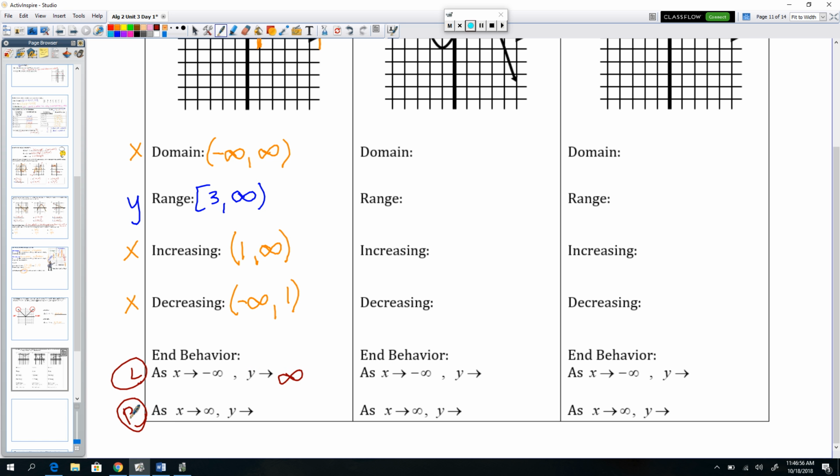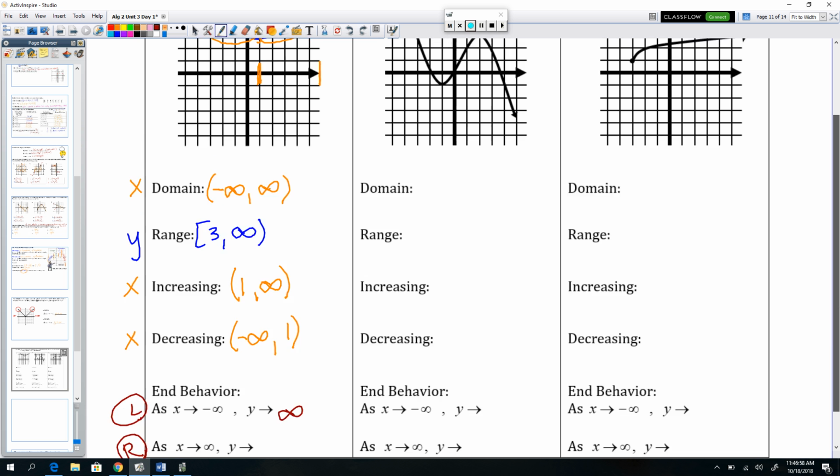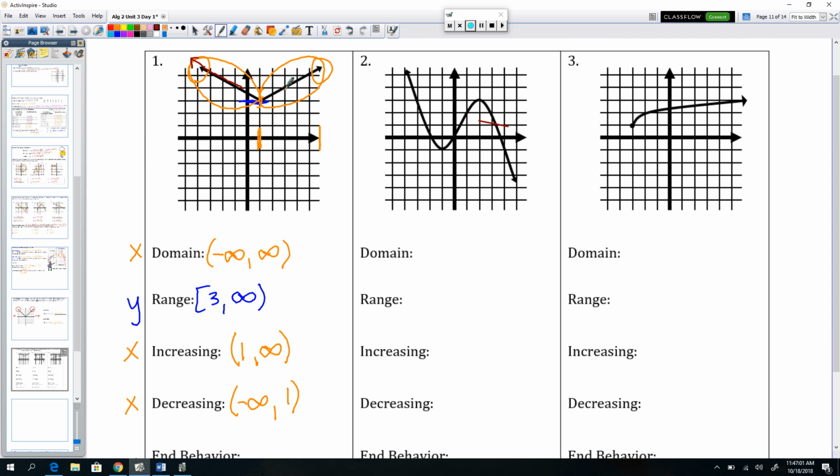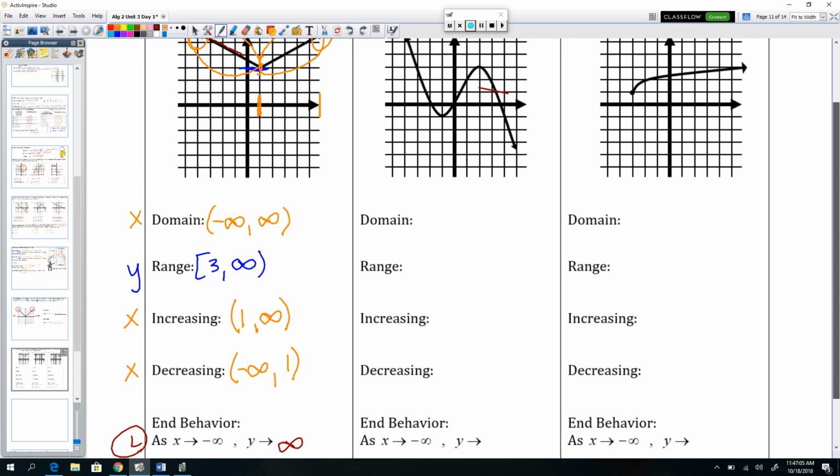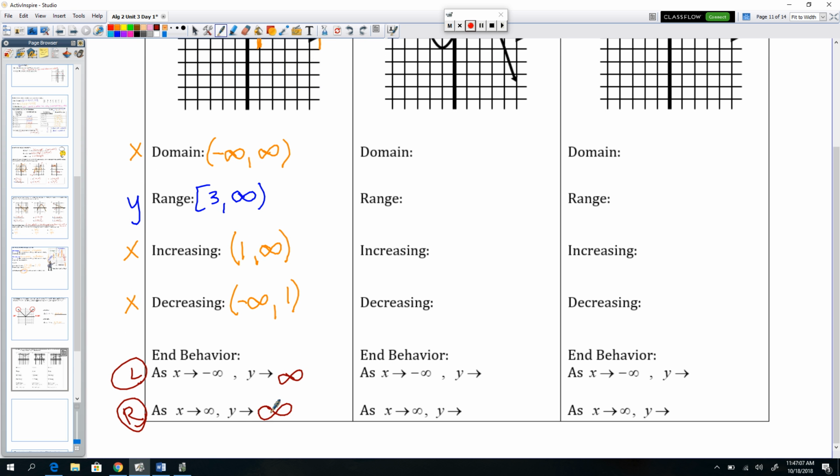On the right-hand end, as x goes to positive infinity, if you followed this forever to the right, once again, the y values will go up to positive infinity. And again, we type this for you. We rarely do this. You're going to need to come up with as x goes to negative infinity, y goes to positive infinity, and so on.